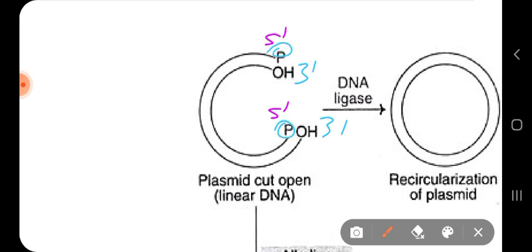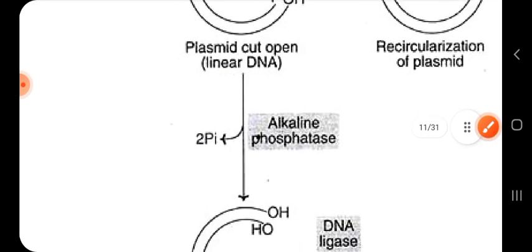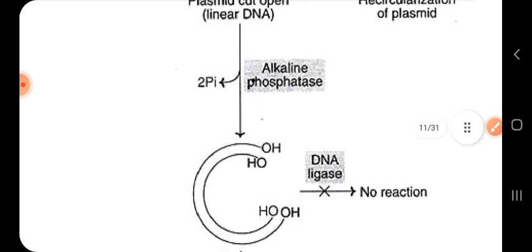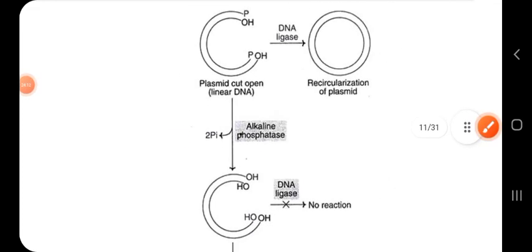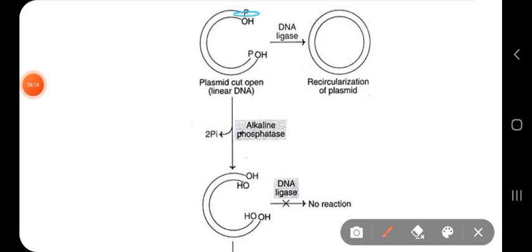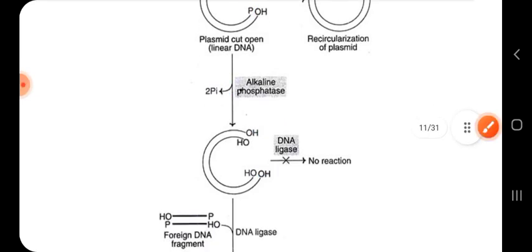Let us see. With the help of alkaline phosphatase, the phosphate group has been removed. If I minimize the diagram, you can see the phosphate group which was present here has been completely eliminated. So no reaction will occur now. They will not ligate by themselves.